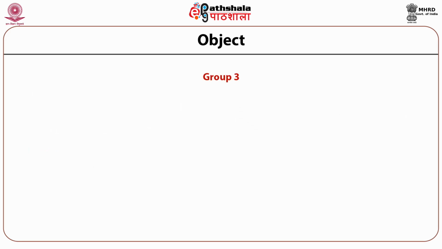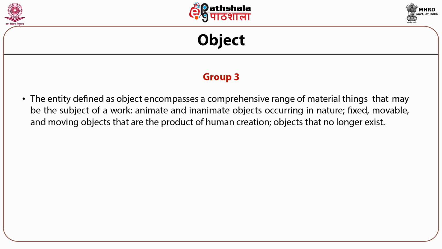Then comes the object. What is object? The entity defined as object encompasses a comprehensive range of material things that may be the subject of a work, whether animate or inanimate. Animate means those which have life, inanimate means which cannot speak, which have no life.